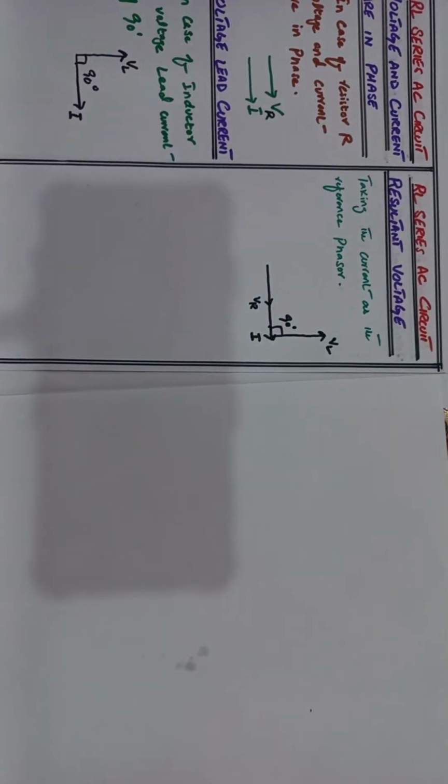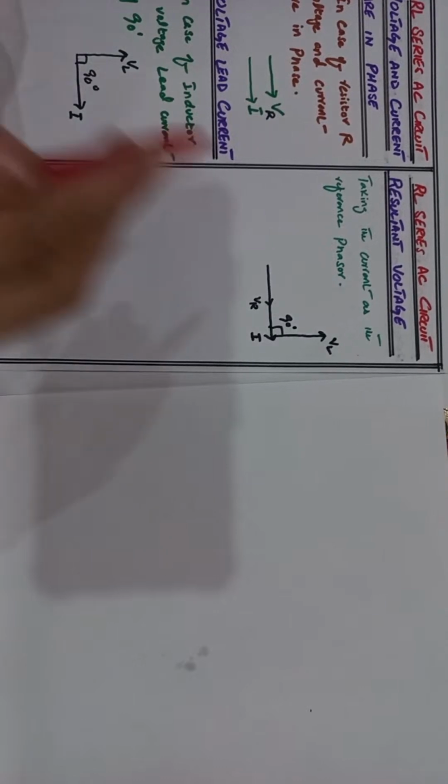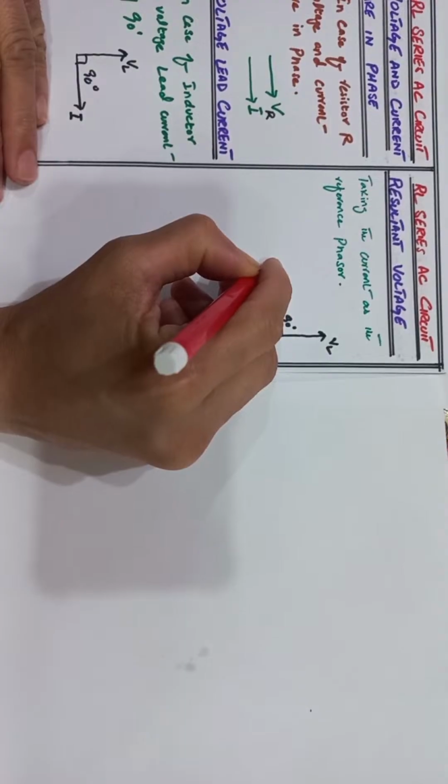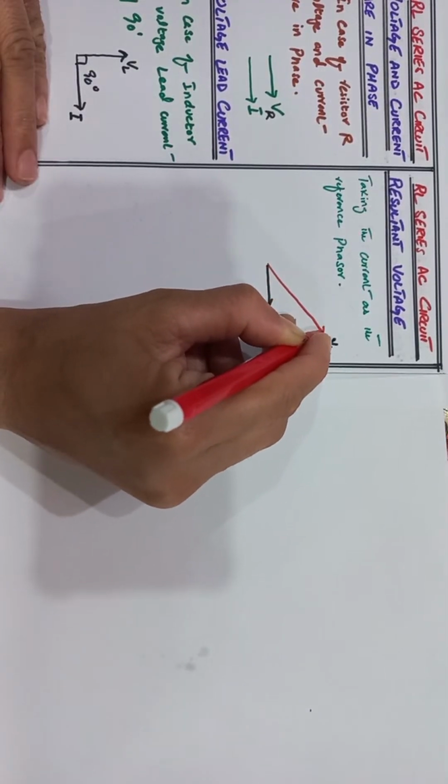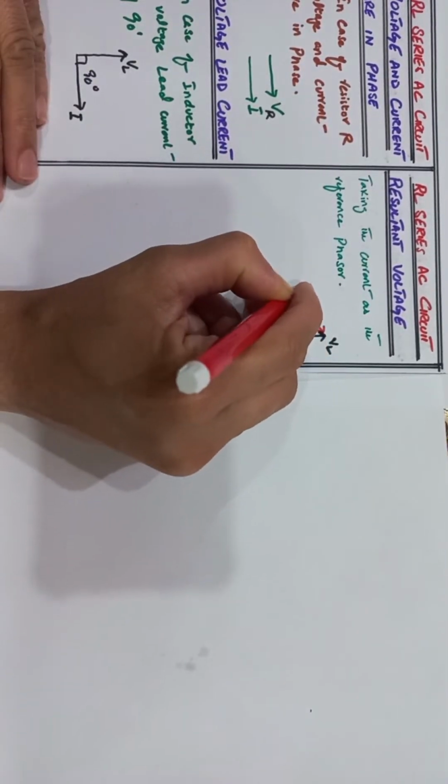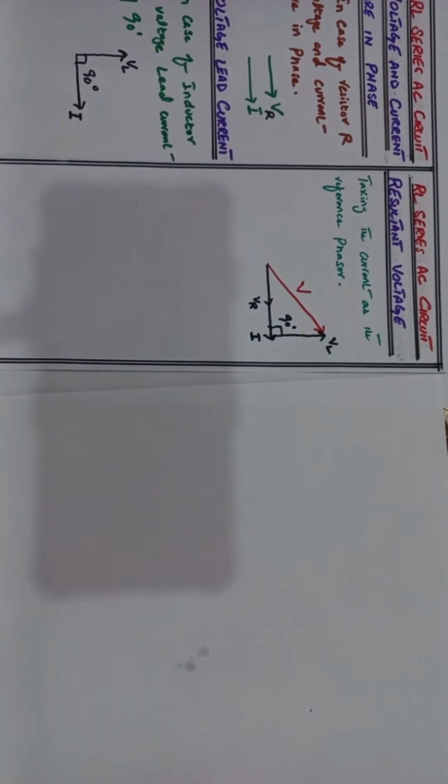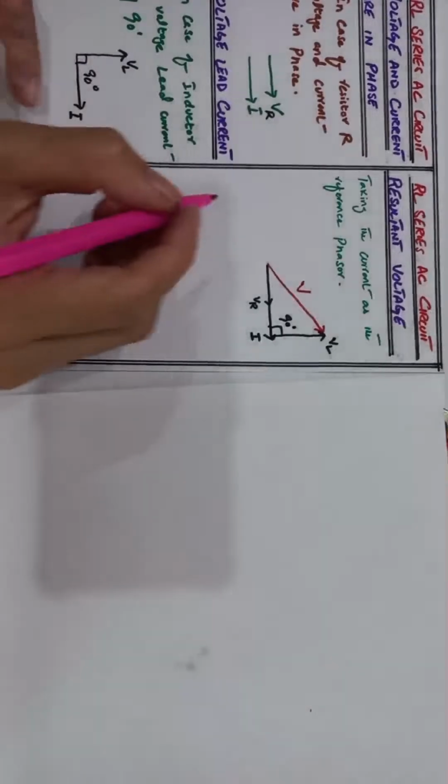Here we add them by the head to tail rule. So we find the resultant voltage, which is the applied voltage across the inductor and resistor.